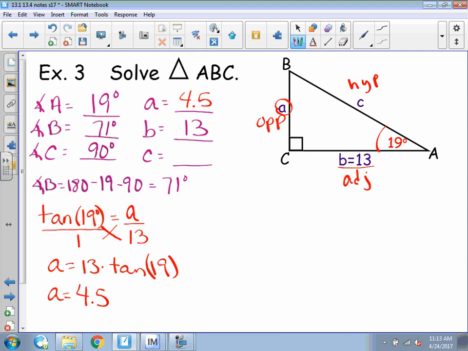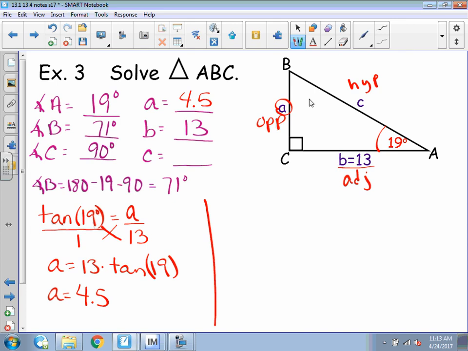Okay, if you trust that answer really good, you could use Pythagorean theorem now to find that missing side, to find C. And that's okay. If that's what you want to do, that's up to you. Just to practice our trig a little bit more, I'm going to go ahead and use trig to figure out what side C is, what the hypotenuse is. So again, I'm going to use the side that they gave us, which is the adjacent, and we're trying to find the hypotenuse.